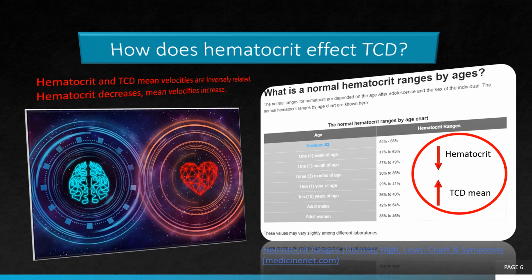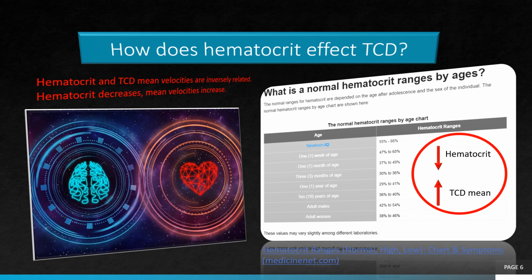How does hematocrit affect TCD? People with sickle cell have abnormal hemoglobin, which causes their red blood cells to become rigid and sickle-shaped. This can lead to pain, infections, and low hematocrit. The hematocrit is the proportion by volume of the blood that consists of red blood cells. The hematocrit is expressed as a percentage.